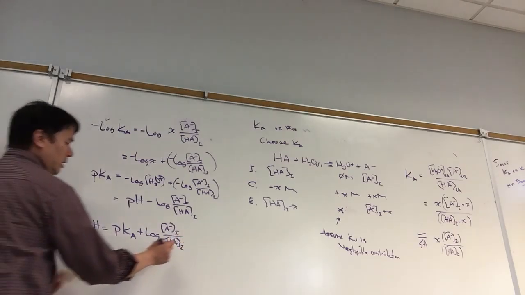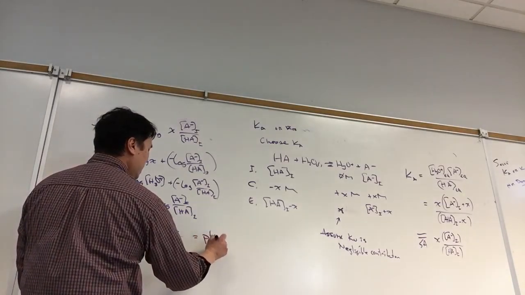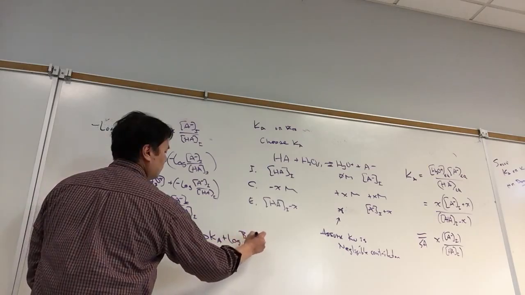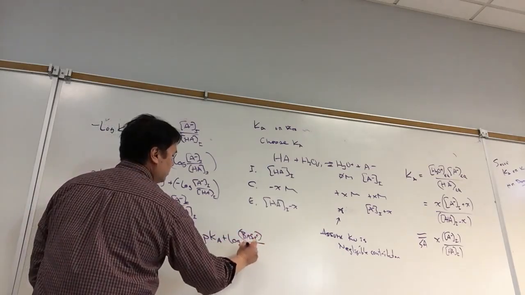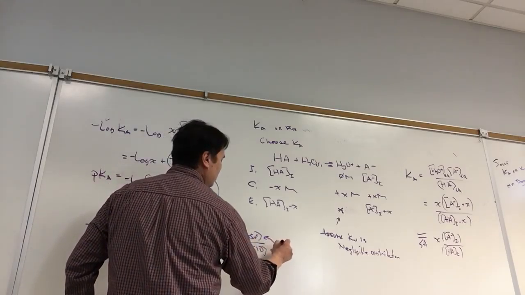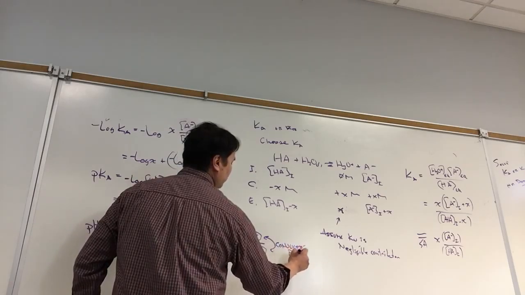In other words, A minus is the base component, HA is the acid. So this is going to be the pKa plus the log of the base to acid ratio. The base and acid have to be conjugates of one another. In other words, they have to be a conjugate pair.